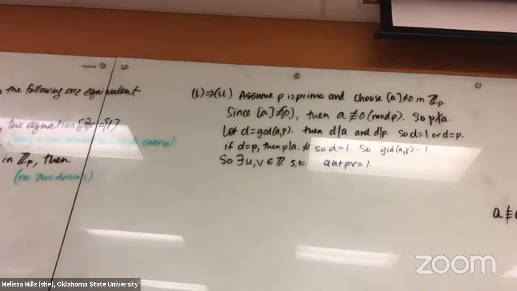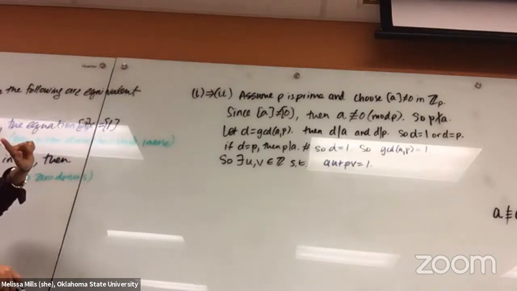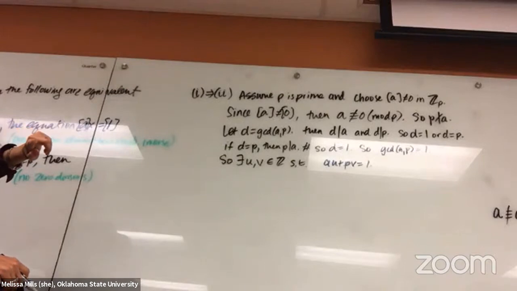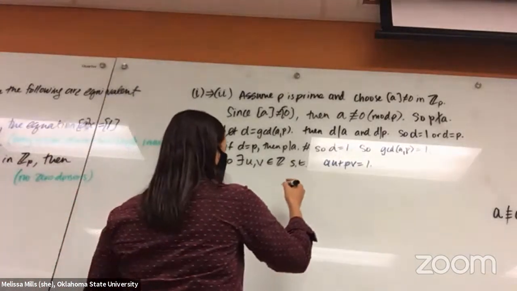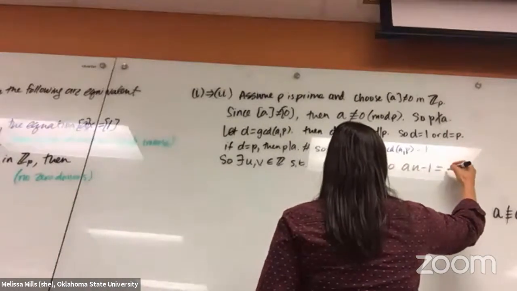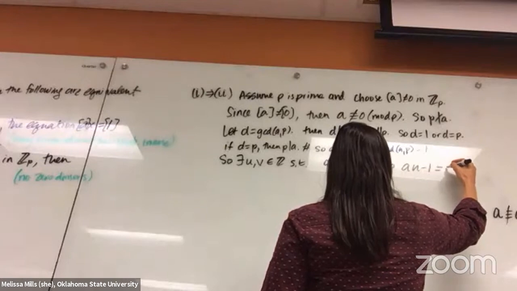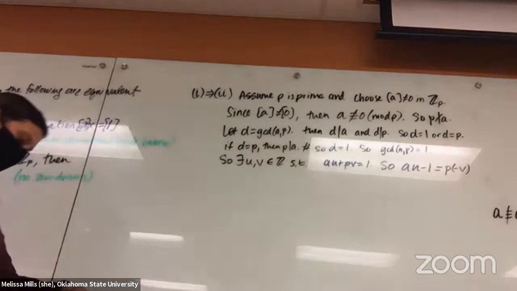So let's rearrange. Because I want to get A times something equals 1 is where I want to go, right? So that tells me that AU minus 1 equals P times negative V. I just moved it around a little bit.